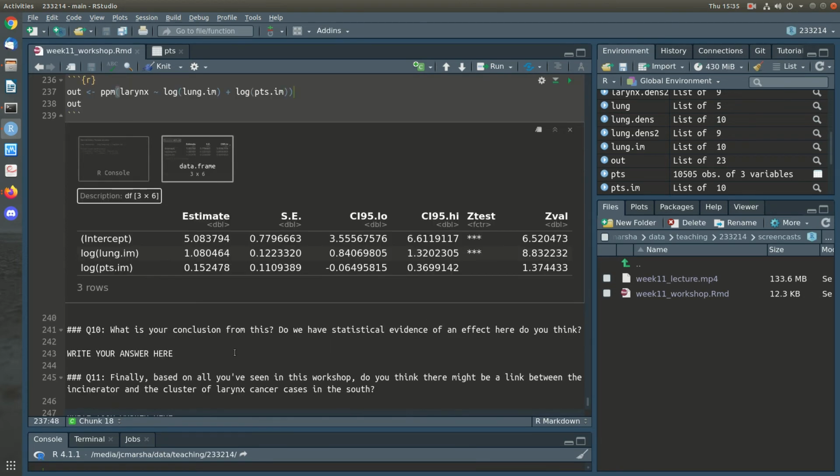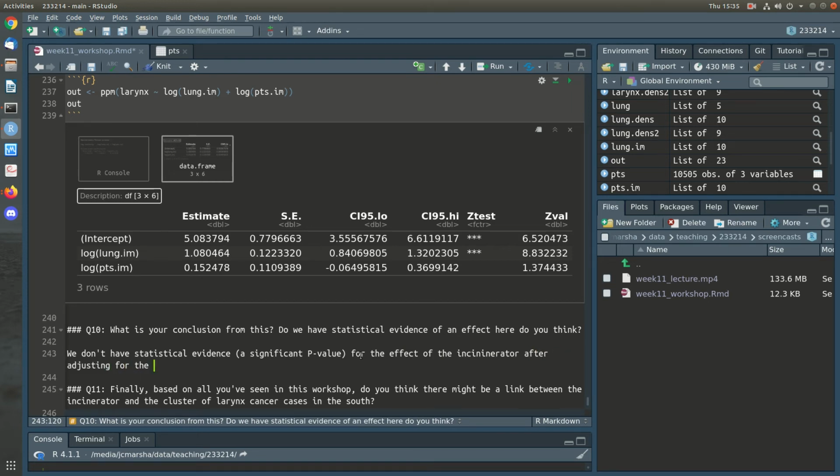So our conclusion from this will be we don't have statistical evidence, a significant p-value, for the effect of the incinerator after adjusting for the effect of lung cancer for the intensity.